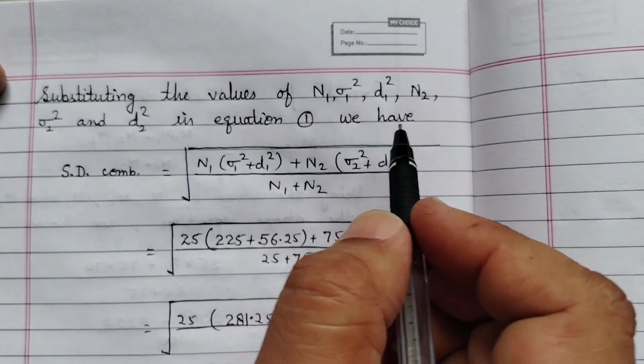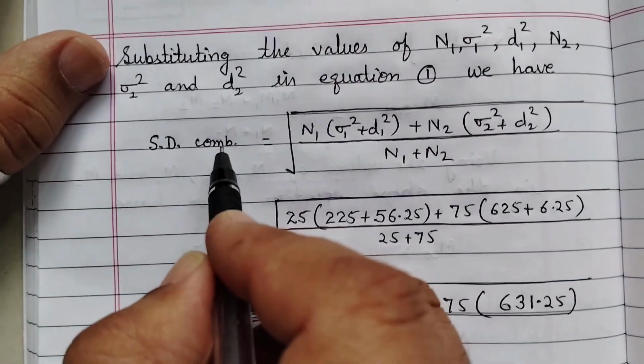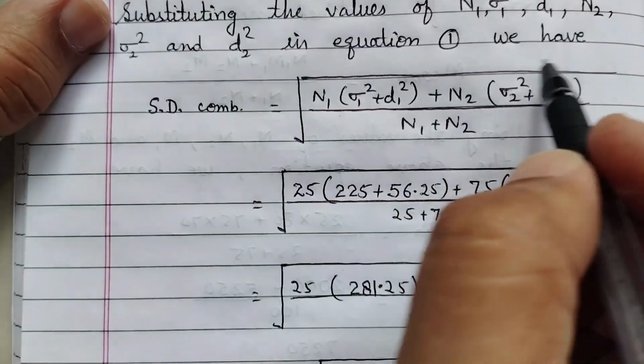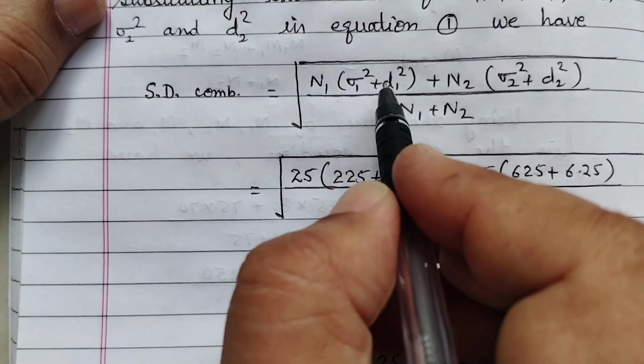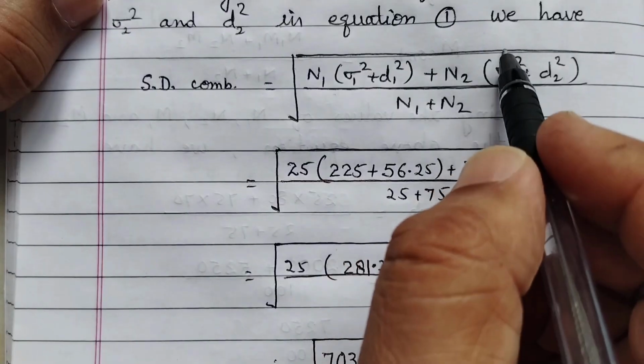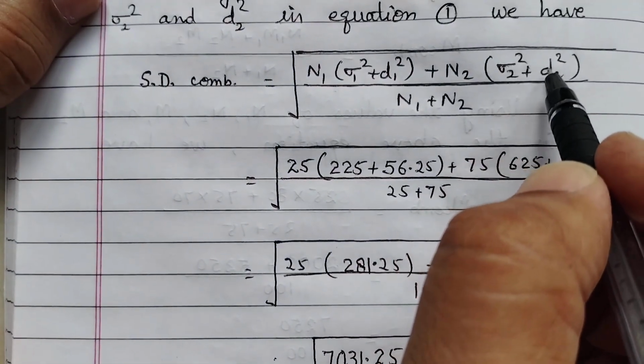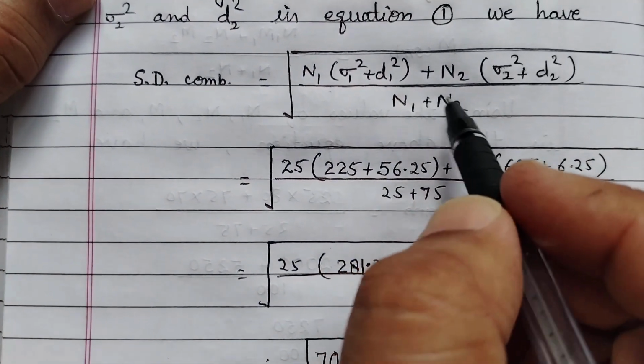Now substituting the values of n1, sigma 1 square, d1 square, n2, sigma 2 square and d2 square in equation 1, we have SD combined is equal to under root of n1 within bracket sigma 1 square plus d1 square plus n2 within bracket sigma 2 square plus d2 square, divided by n1 plus n2.